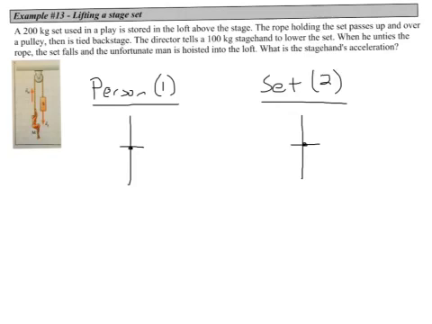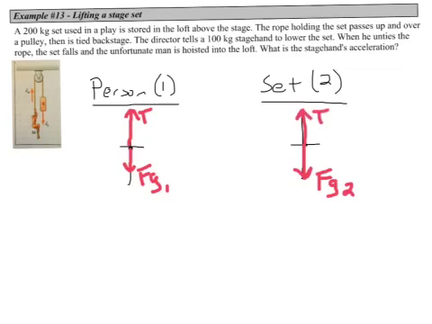So for object 1, we have a weight, FG1, and we have a tension. Now, the person is going to accelerate upwards, so we're going to draw the tension slightly longer. On object 2, we have object 2's weight, which we'll call FG2, and the tension.